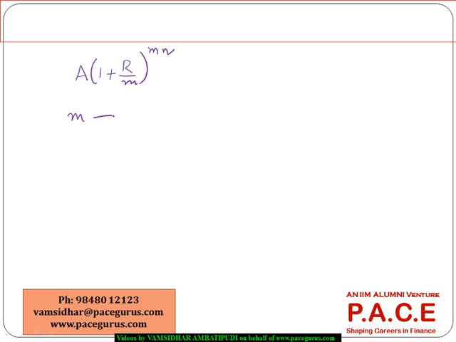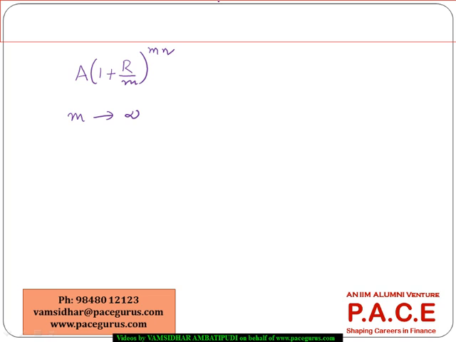Now assume that M is almost infinite, meaning the compounding frequency is very high, at more and more regular intervals, not even daily, but hourly, minutely kind of compounding. Then we treat the compounding frequency as infinite.